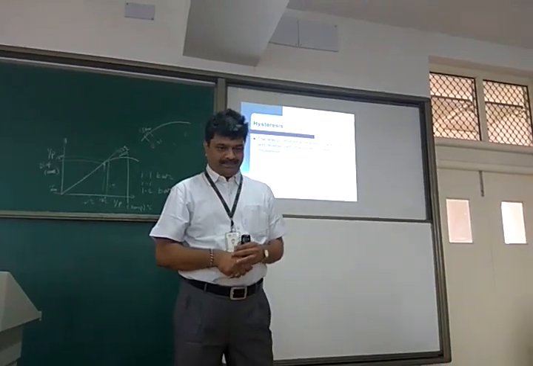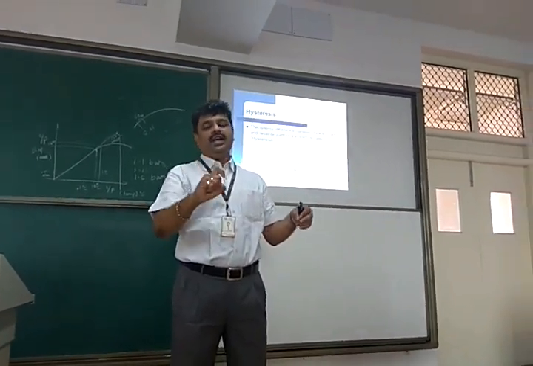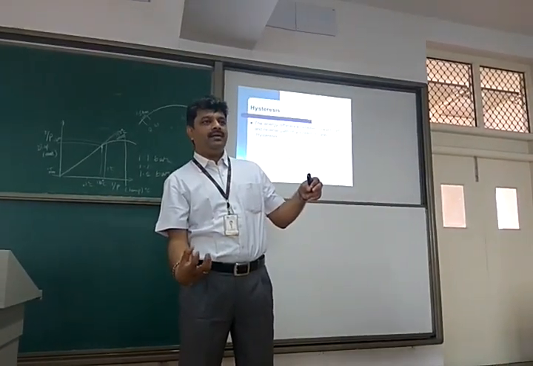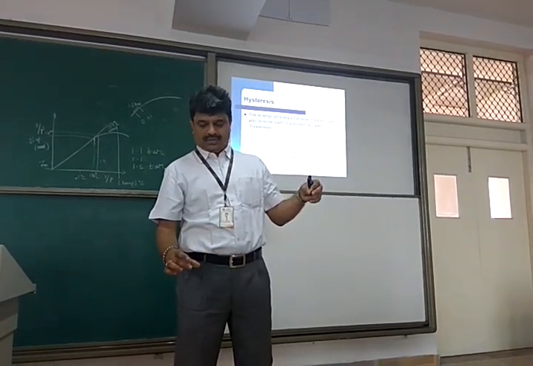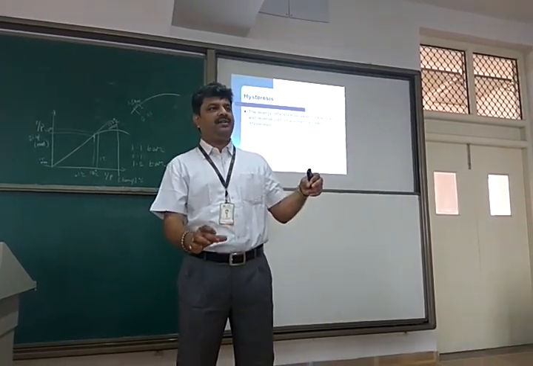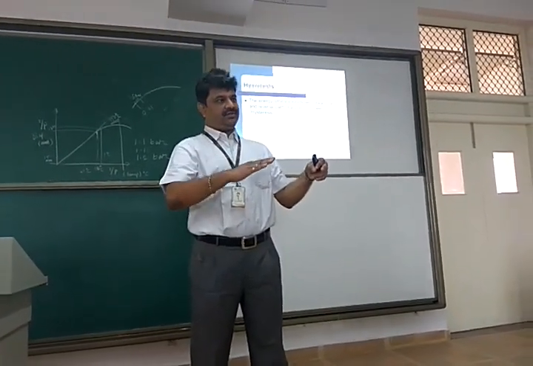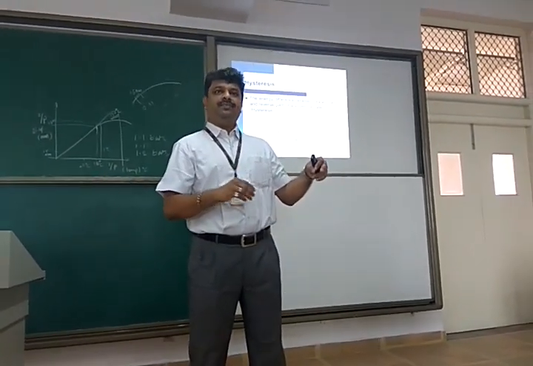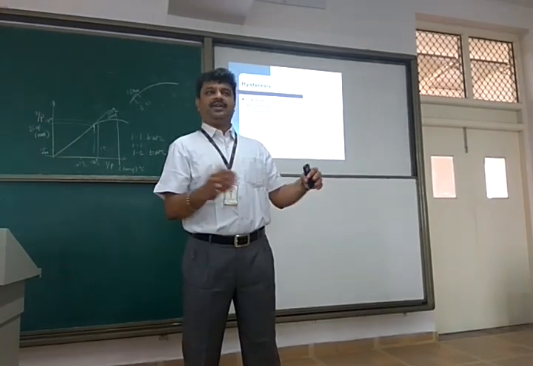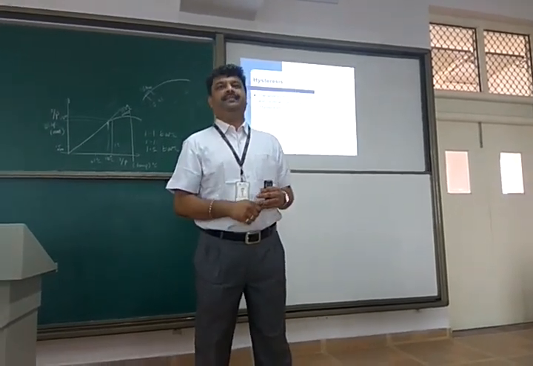You take a cantilever beam, hang a weight, keep adding the weight, 100 grams, 200 grams, 300 grams, up to 1 kilogram. There is a deflection. Put a strain gauge, you will be able to measure the deflection, the strain.